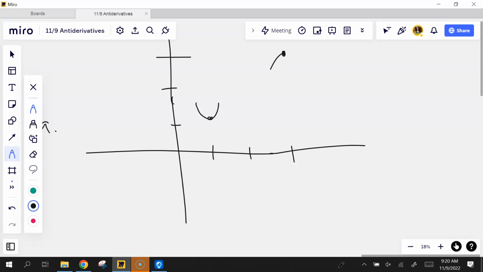Local maximum, something like that. So maybe something like this. That's continuous and differentiable. No corners, cusps, holes, jumps, anything like that.